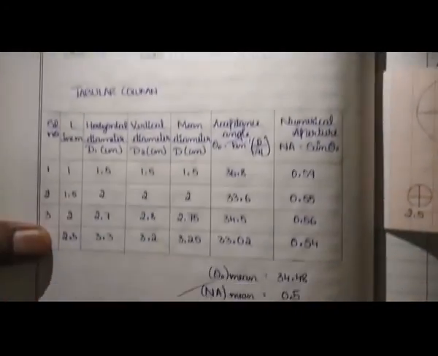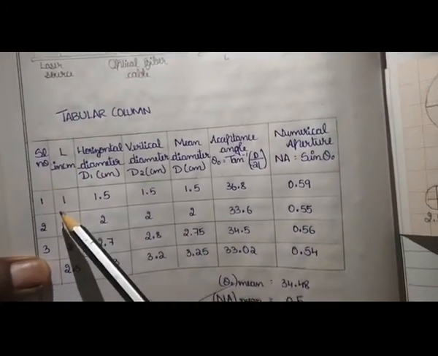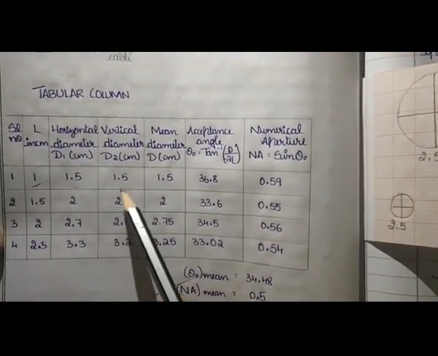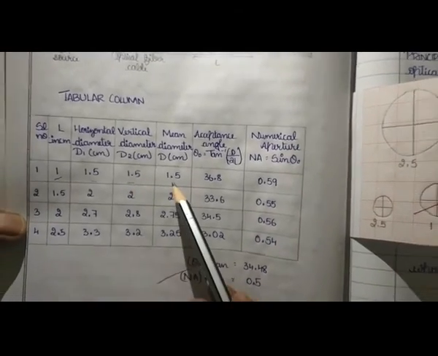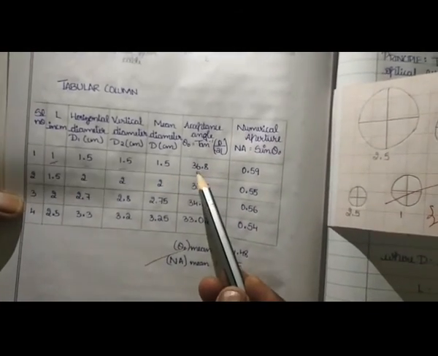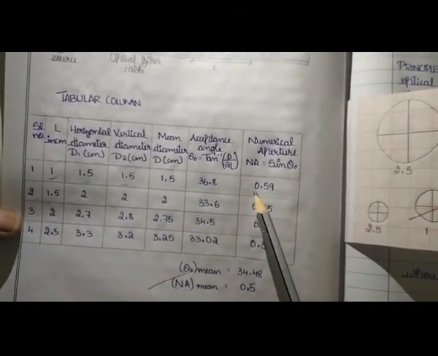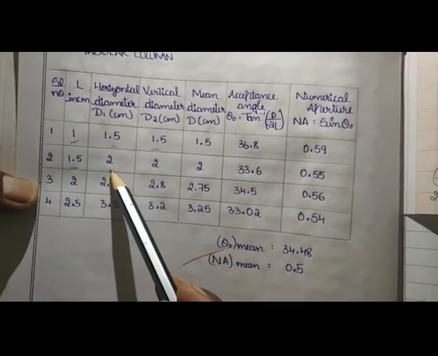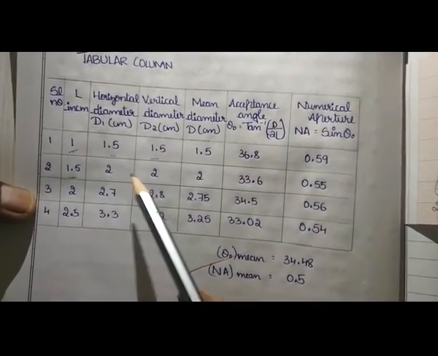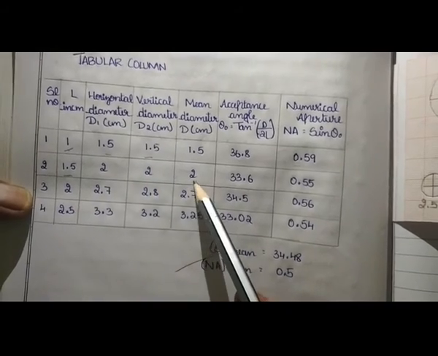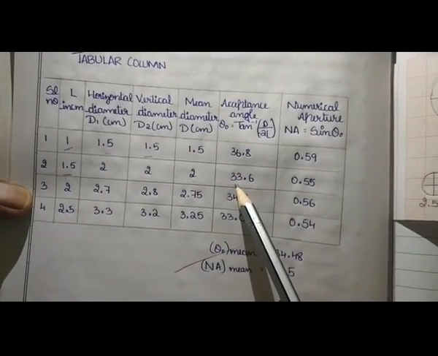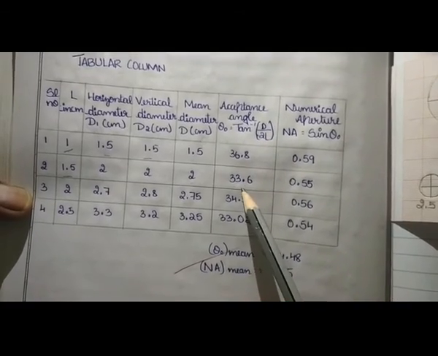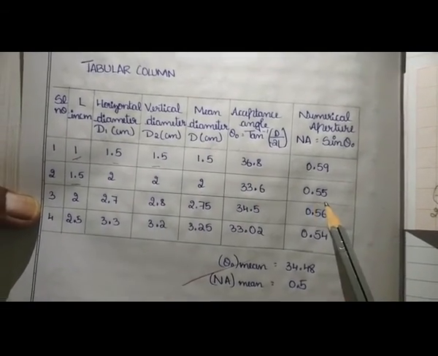So these are the recorded readings for trial number 1. L is equal to 1 centimeter, horizontal diameter 1.5, vertical diameter 1.5, D is 1.5, theta naught is 36.8, numerical aperture is 0.59. Now change to L as 1.5, horizontal diameter 2, vertical diameter 2, mean diameter is 2, then calculate theta naught using the formula tan inverse of D by 2L, 33.6, and numerical aperture is 0.5.